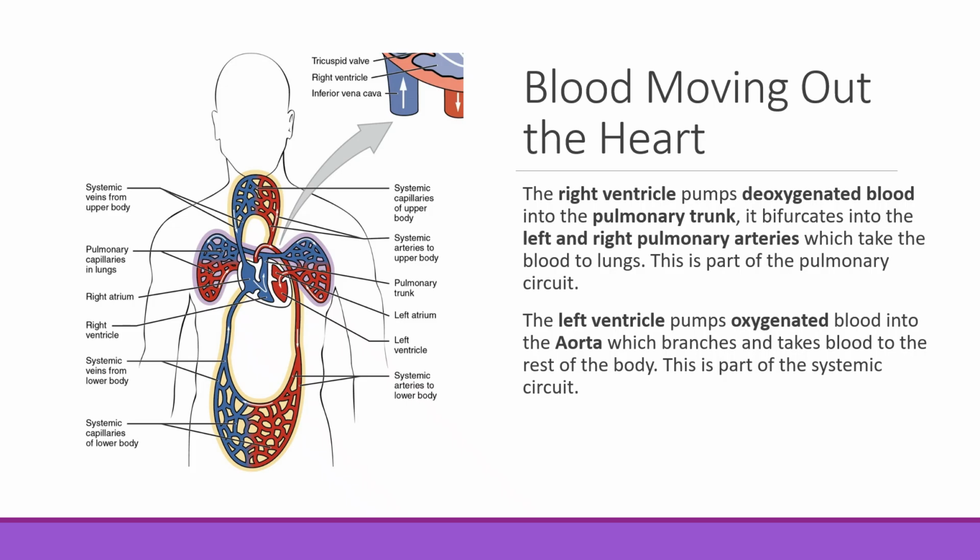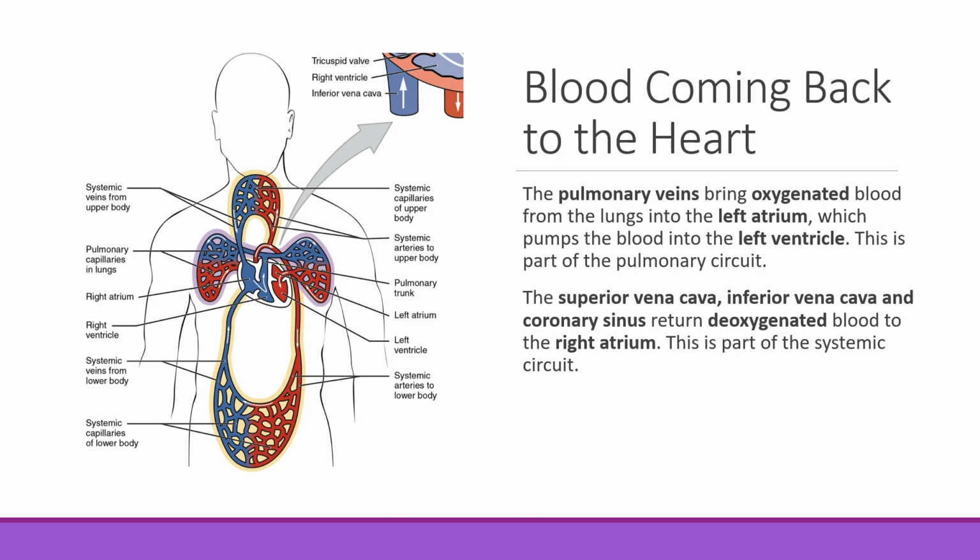So going out to the lungs, and then it's going to come back to the heart. The left ventricle is going to pump oxygenated blood, so the left ventricle is the red side down at the bottom. It's going to pump blood into the aorta, and we're going to talk about the different parts of the aorta, and then it's going to branch and take blood out to the rest of the body. That's your systemic circuit.